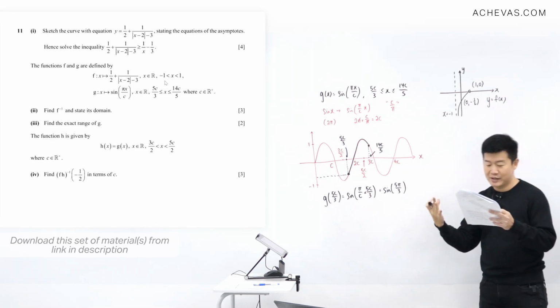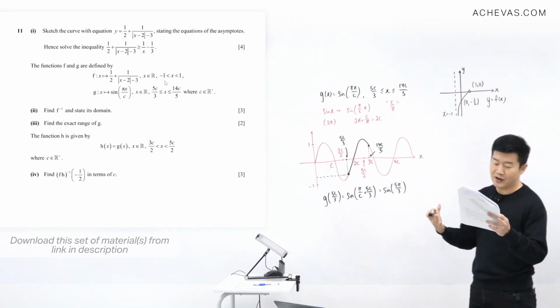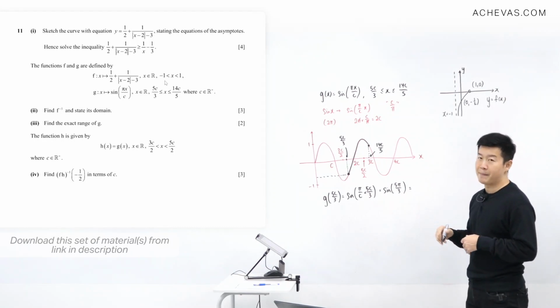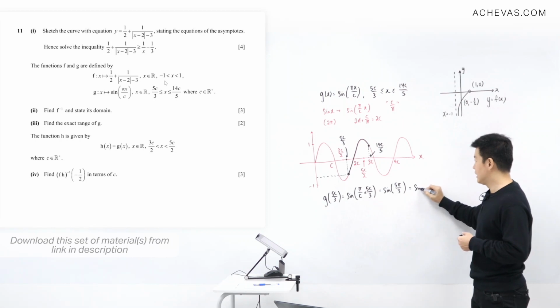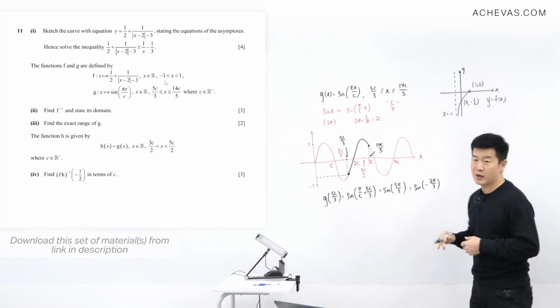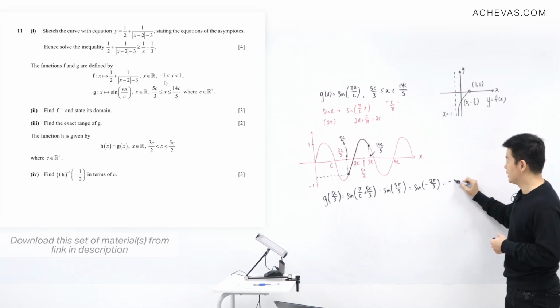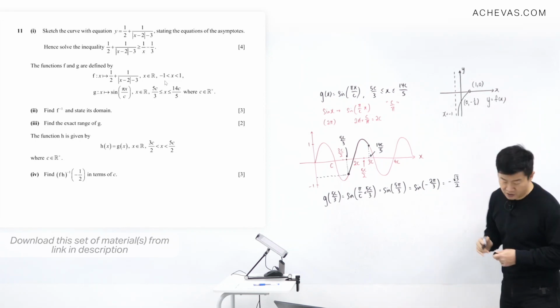We can try to reimagine this. What is sine of 5 pi over 3? If I subtract 2 pi from this, then this is the same as sine of minus pi over 3. So we have a special angle. It is in the fourth quadrant. So this is going to be negative square root of 3 over 2.